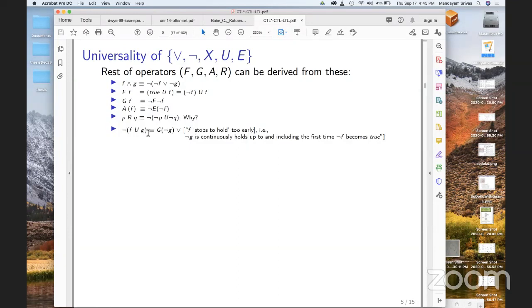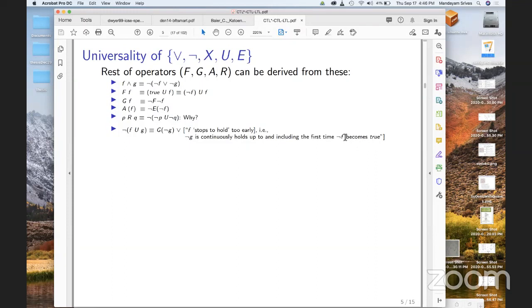G never holds, that's what this part says, not G is true forever, or F stops to hold too early. Even before G becomes true, if F becomes false, then that is the other case where it can be violated, which can be stated like this: not G continuously holds up to and including the first time when not F becomes true.